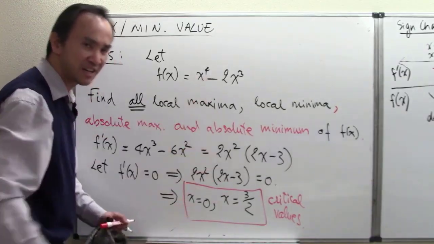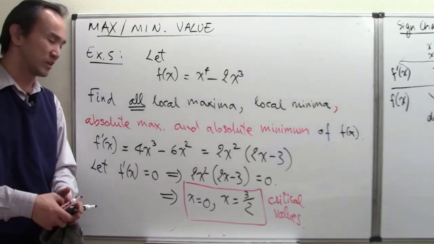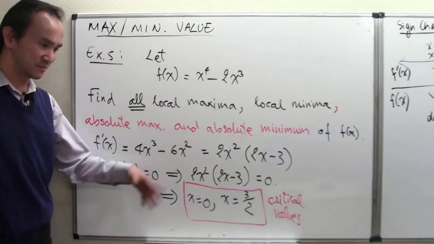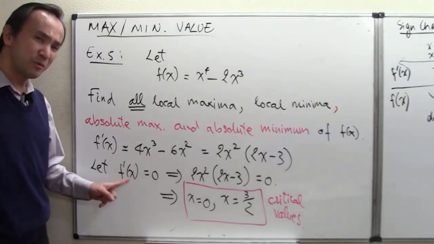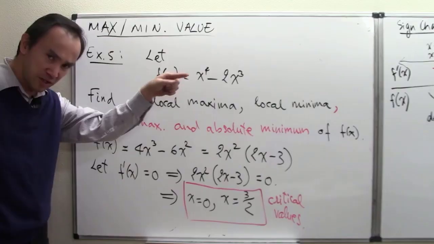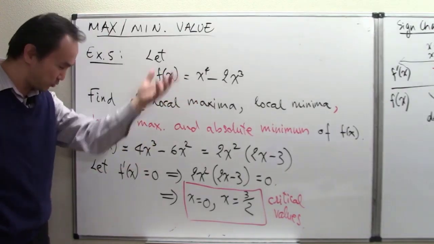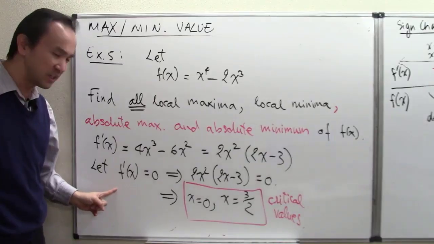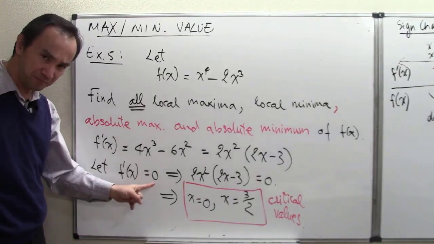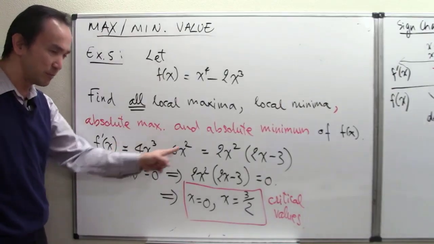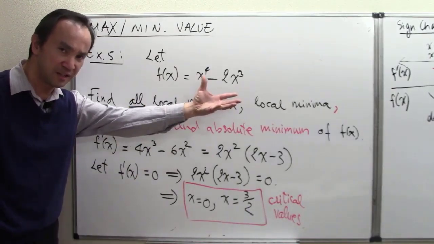I've been saying that carefully over the past examples, but now you guys are fluent enough that I can assume I don't have to, but just a reminder: a critical value is where the derivative of the function is undefined, or the derivative equals 0. But like I said, the derivative here is a polynomial, so there's no possibility of it being undefined.